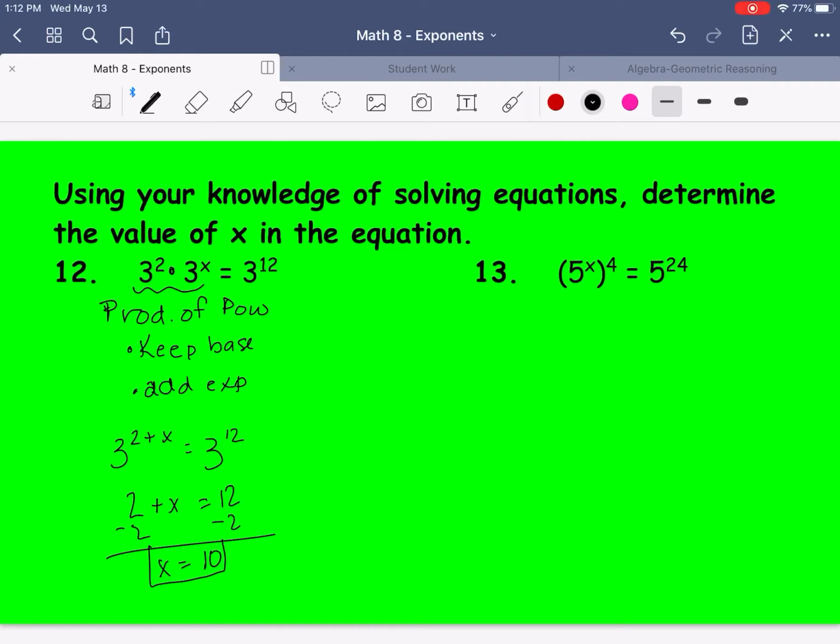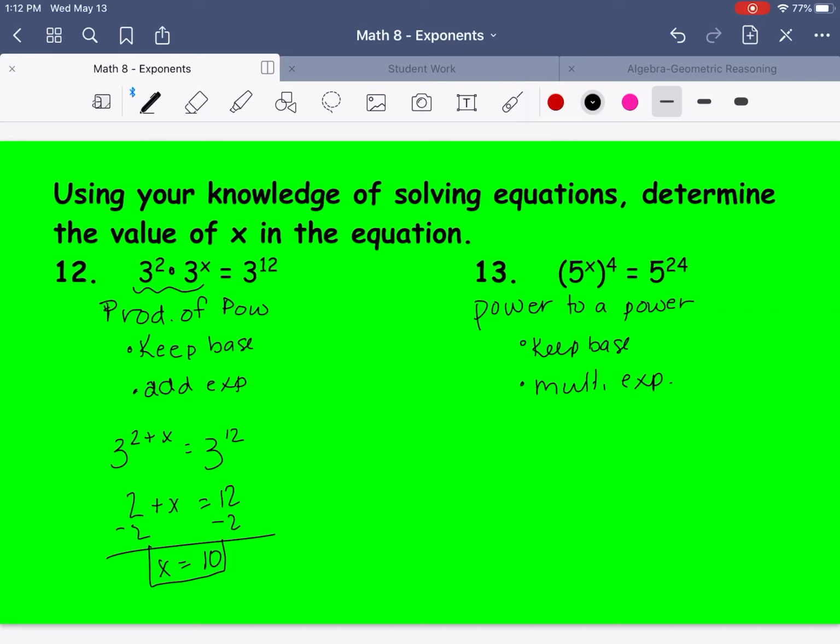13, same thing. What property are we using on this one? Well, this one, we're doing power to a power. So this says we keep the base and multiply the exponents.